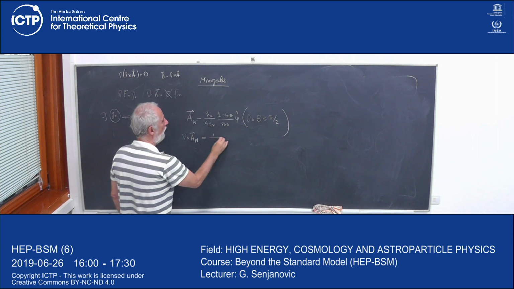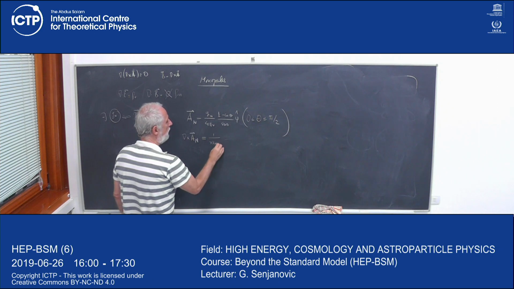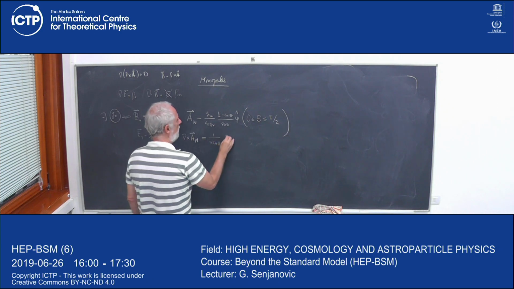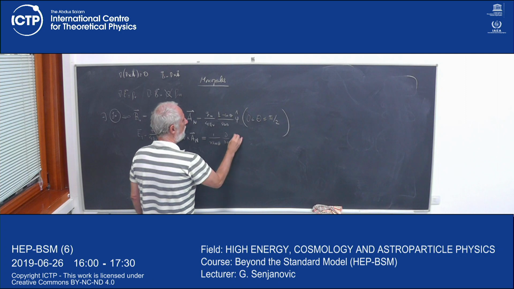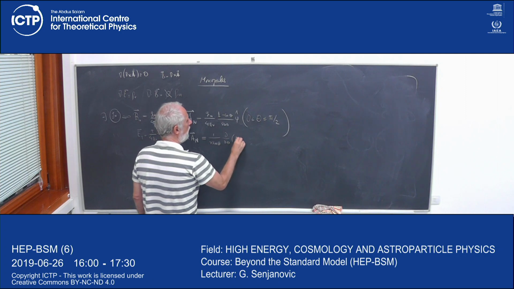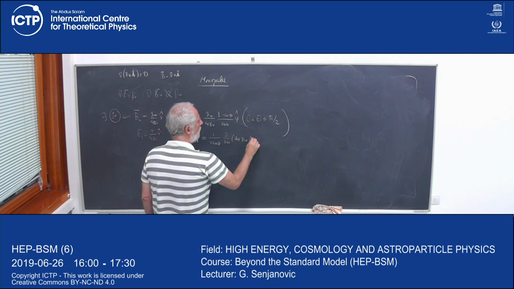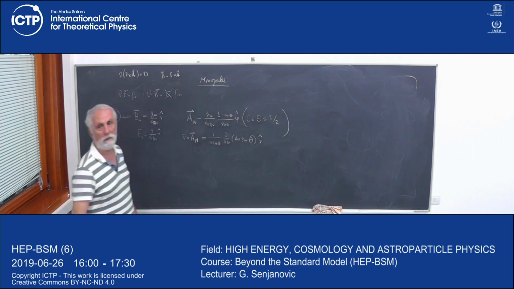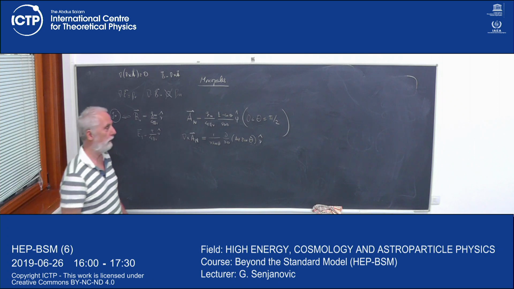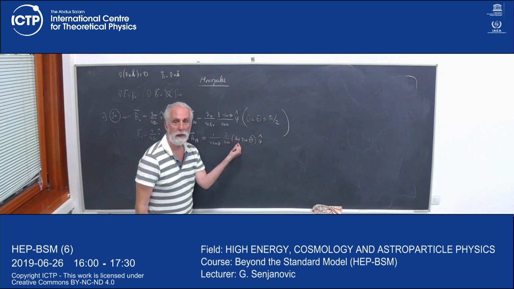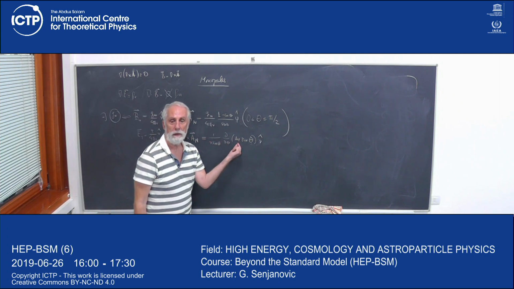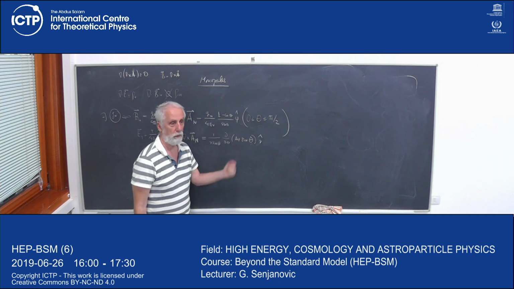It's 1 over r sine theta, d over d theta of A phi sine theta. This is the formula. This is the only term that survives. Check it if you look at the handbook. There are many terms, but there is only one that acts on A phi, and A phi has to be with sine theta.